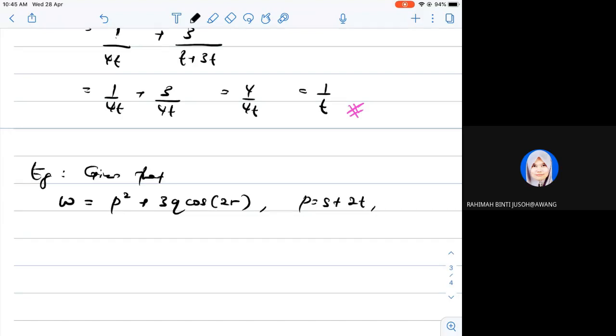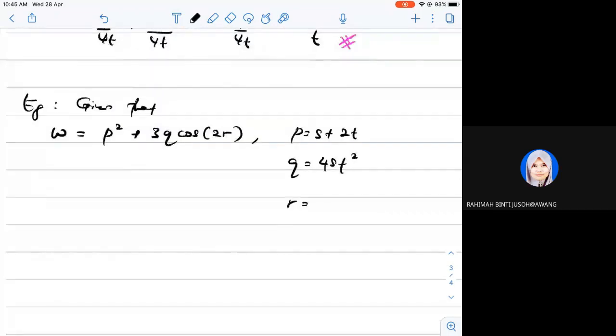And then Q equals to 4ST squared. And then R equals to, let's say we have 3S minus T. Okay.